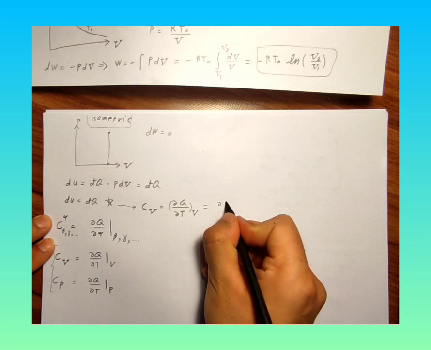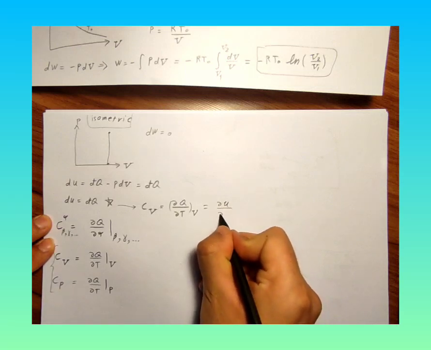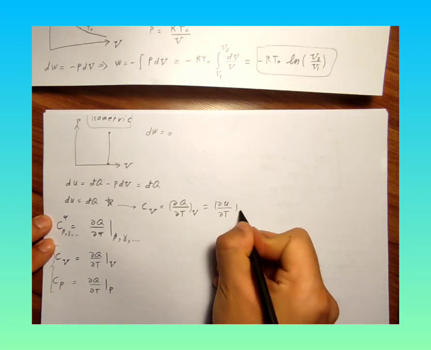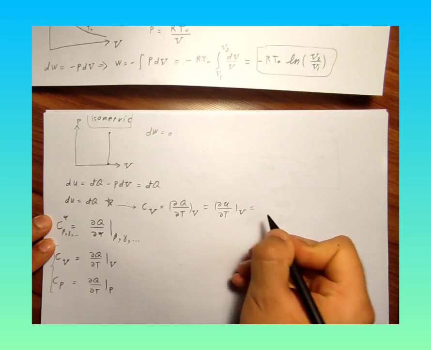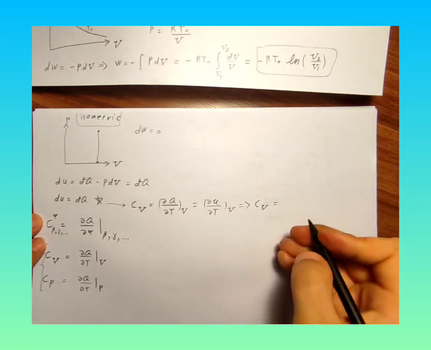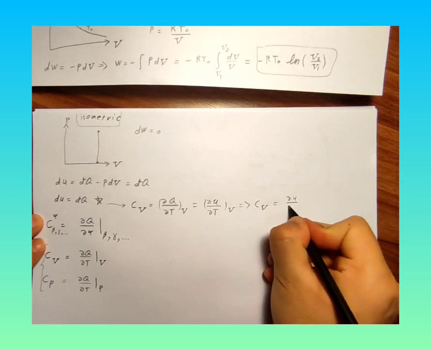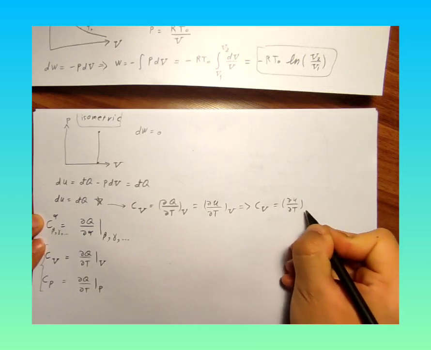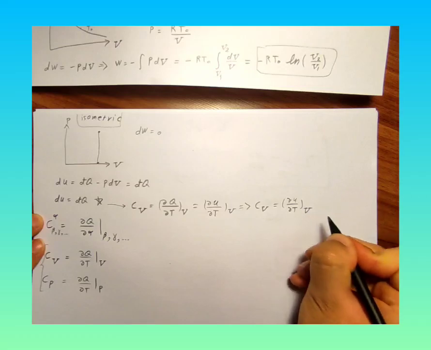This will become ∂U divided by ∂T at constant V. So we have this relation: CV is ∂U divided by ∂T when V is constant.